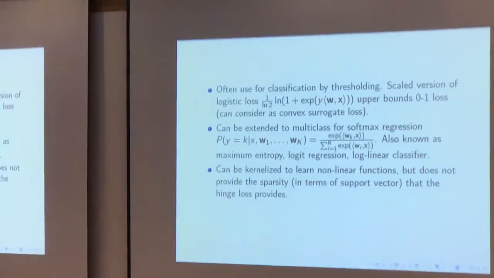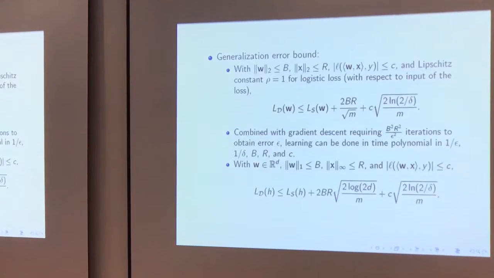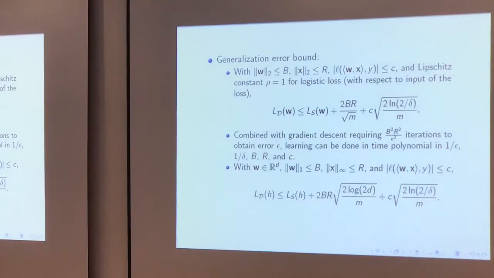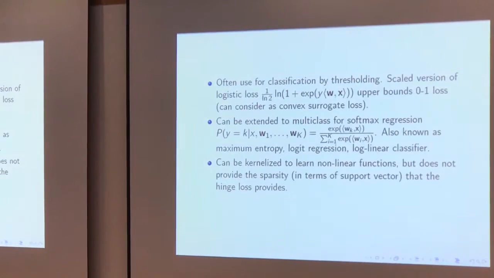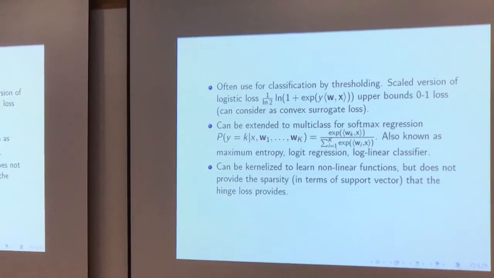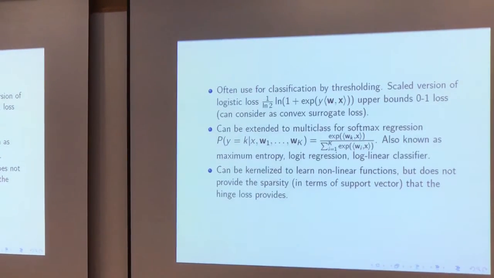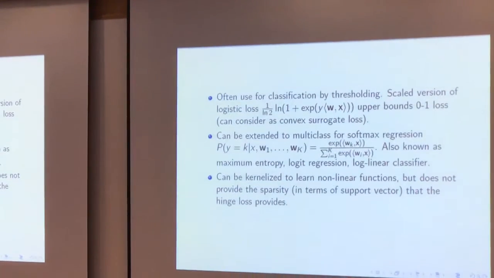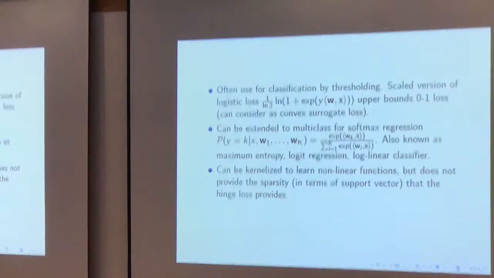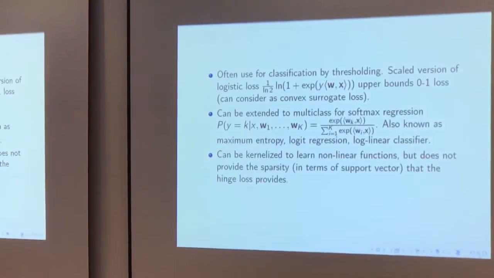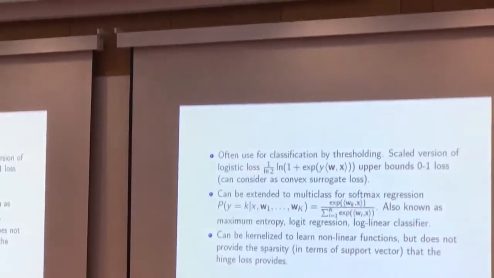They're all essentially the same thing. And like I said just now, the error bound doesn't depend on d. So in terms of the algorithm, you can kernelize it and it's still efficient. In terms of the sample size, the bound still holds if you use kernels to extend to nonlinear classifiers. So that's logistic regression.